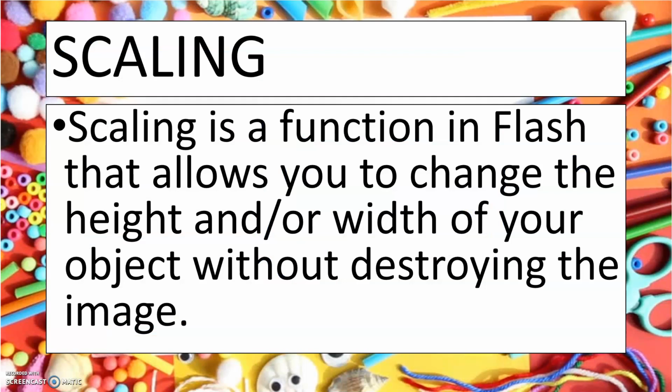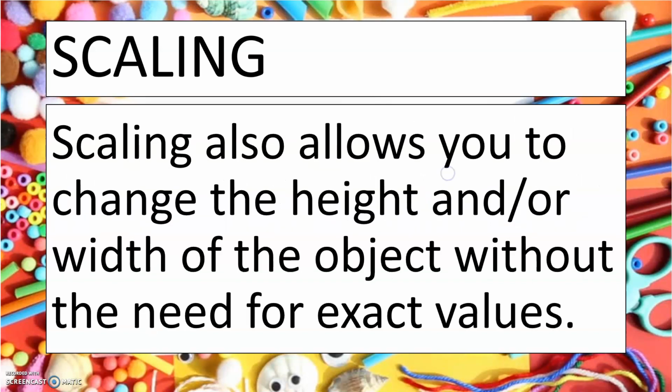Scaling. Scaling is a function in Flash that allows you to change the height and or the width of your object without destroying the image. Scaling also allows you to change the height and the width of an object without the need for exact values.